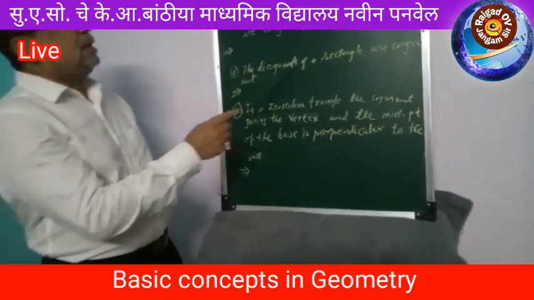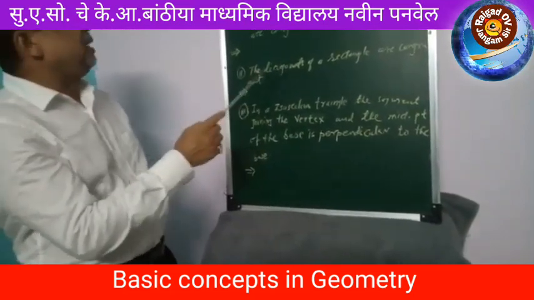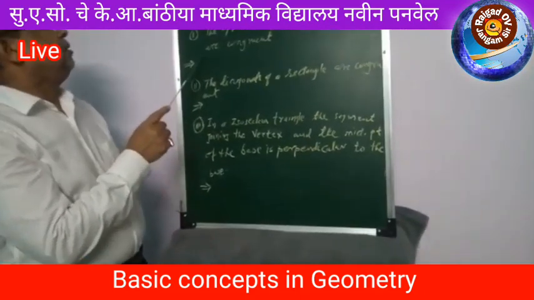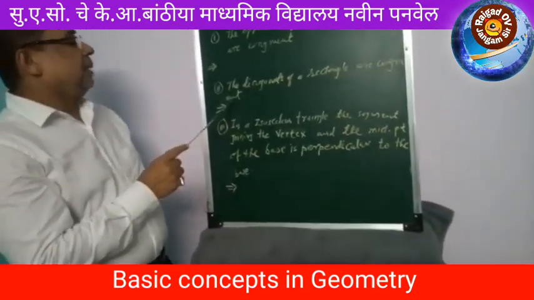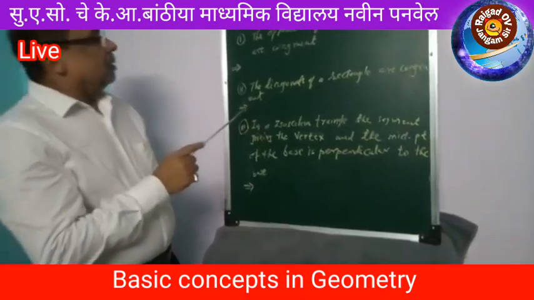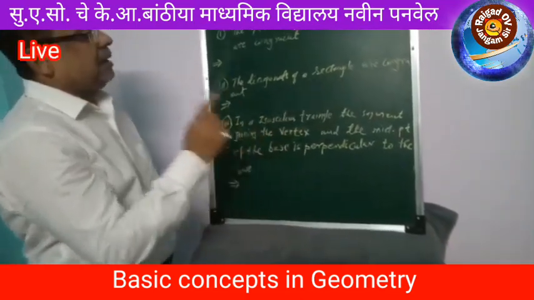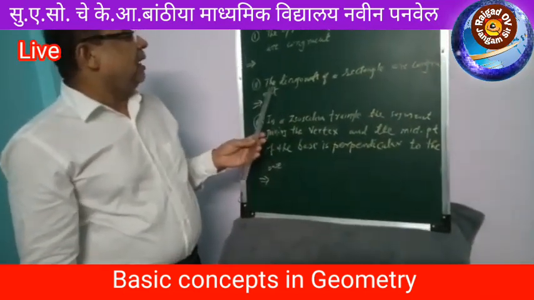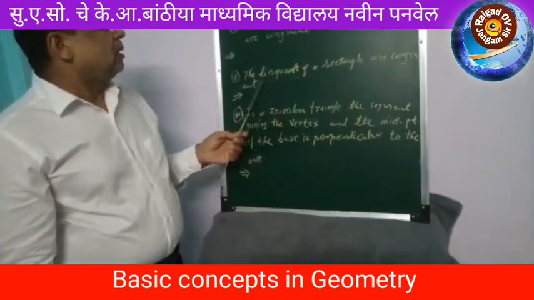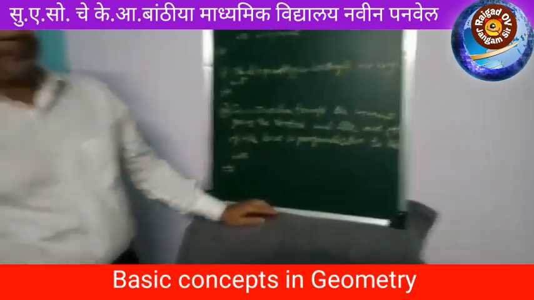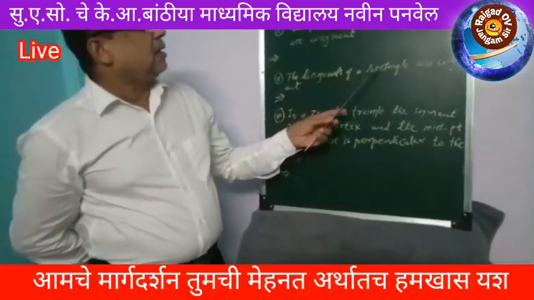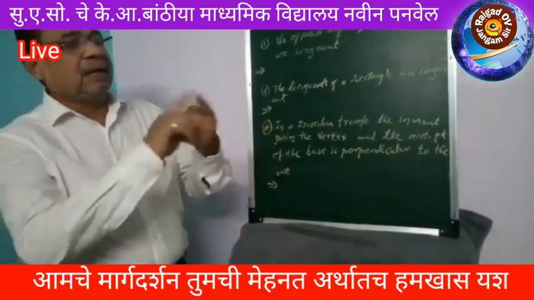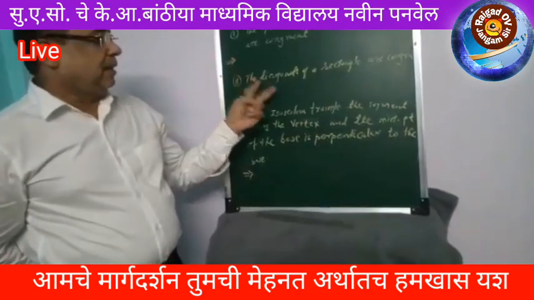So how can you write this statement in if-then form? Same as the first. If the quadrilateral is a rectangle, then the diagonals are congruent. It means that both the words, if and then, are there.